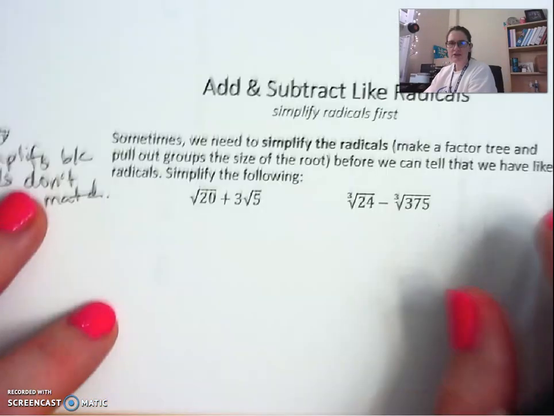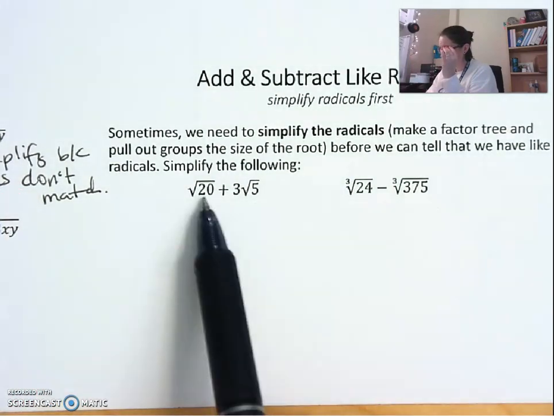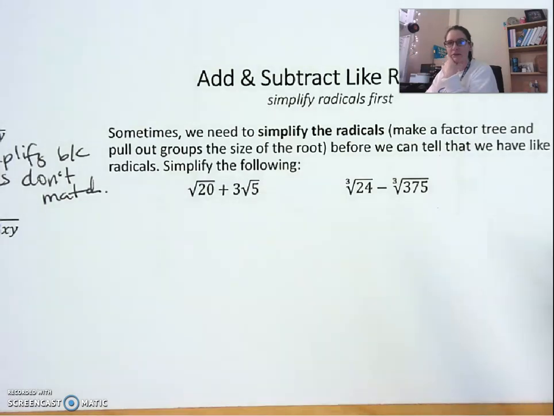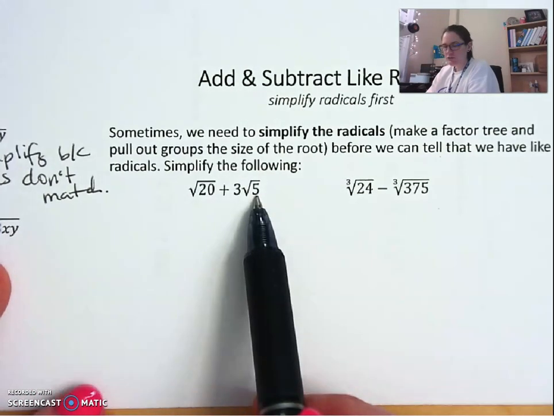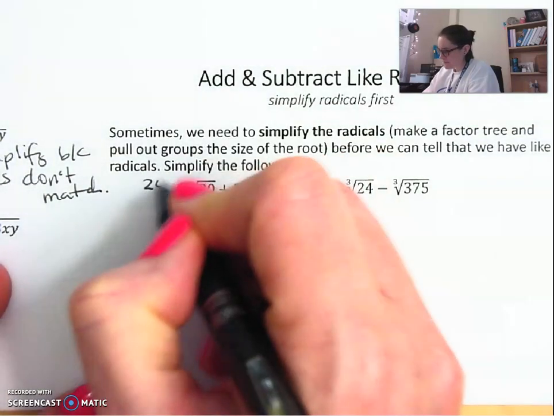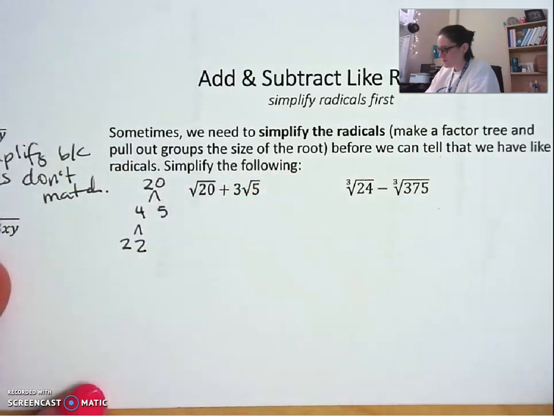And then for these problems over here, we need to do factor trees to simplify first. So you'll notice the radicands don't match, but after we do factor trees, they will. So for example, I can't do a factor tree on 5, but on 20, 4 times 5, which is 2 times 2.